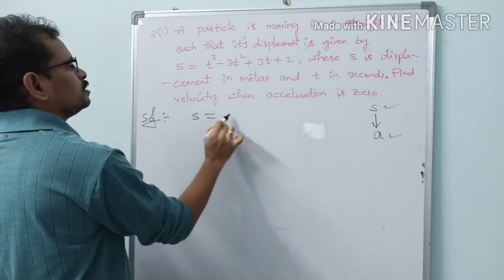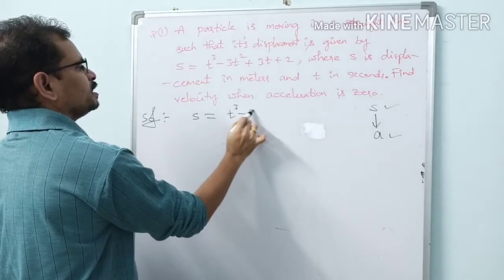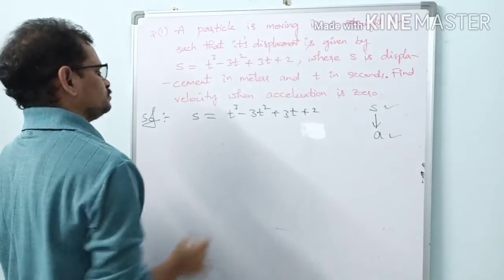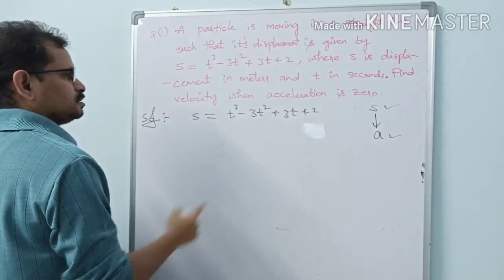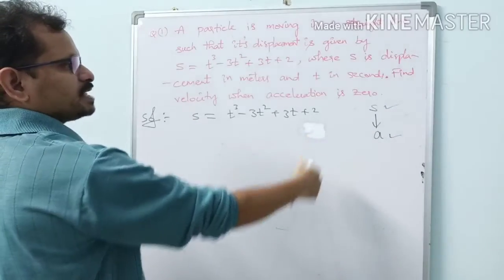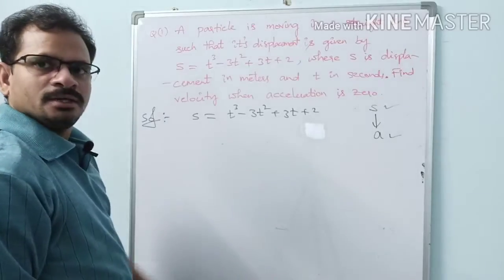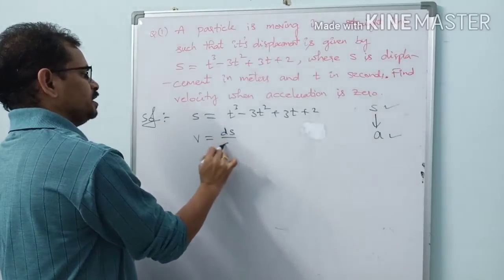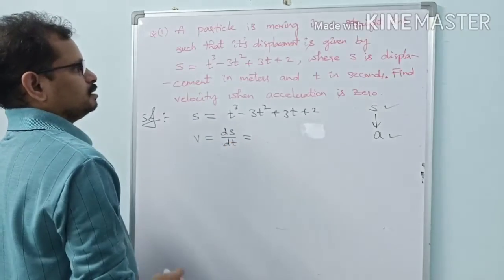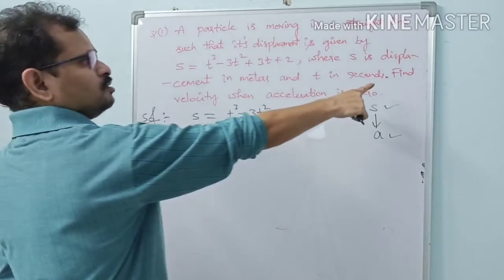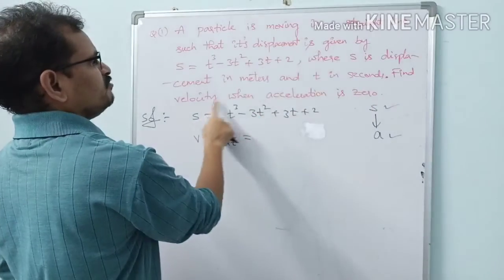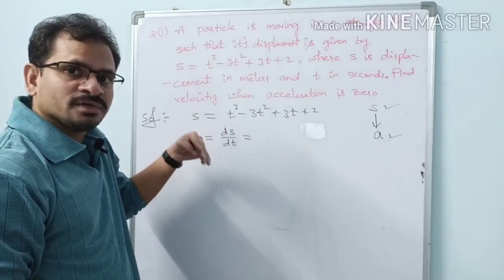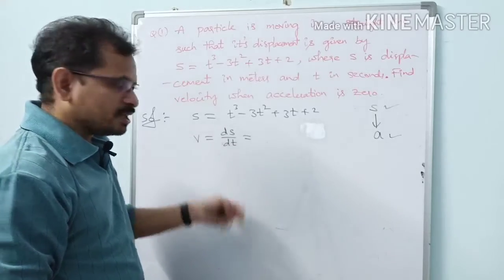Given quantity s equal to t cube minus 3t square plus 3t plus 2. To find acceleration, can you directly find acceleration here? We have to find velocity first. So v equal to how much? v equal to ds by dt. And also what do we have to find here? Find velocity when acceleration is 0. So we have to find the expression for velocity, and let us find the expression for acceleration also.